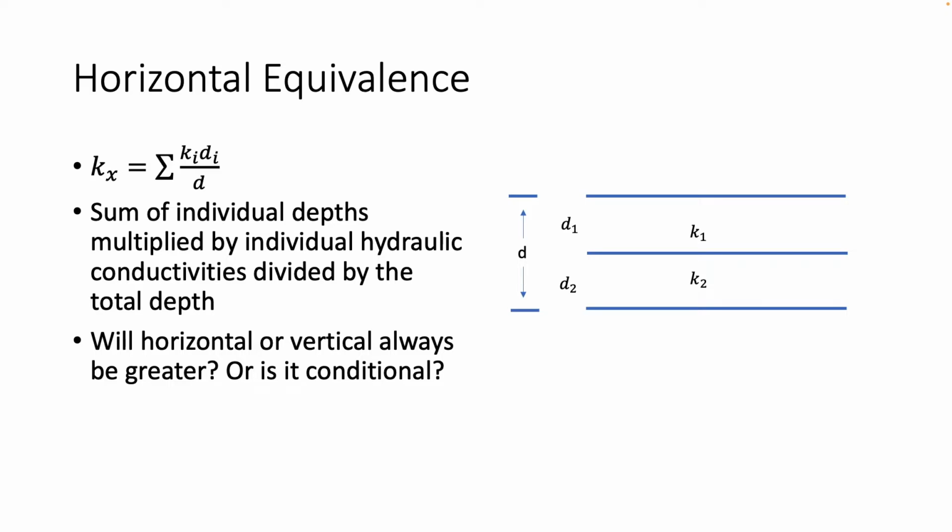Well, it actually does not depend on the type of aquifer you have, unless you're separating things through clay layers or something like that. But if you're looking at a K1, K2 type of situation, where you're looking at equivalence of these two, then it's always going to be greater horizontally.